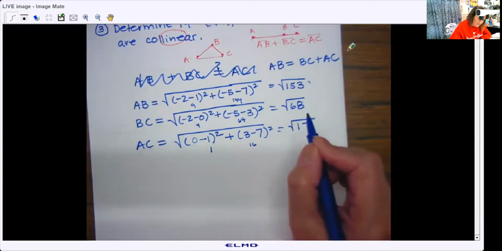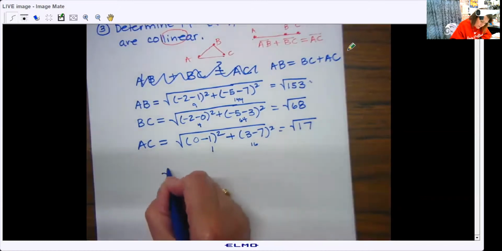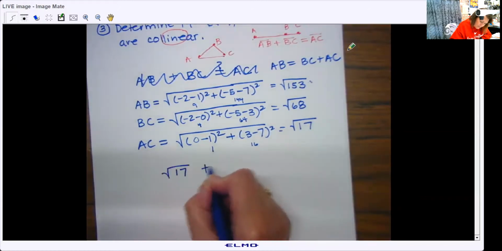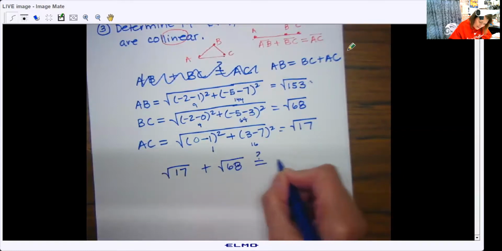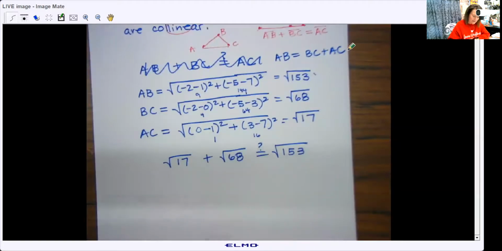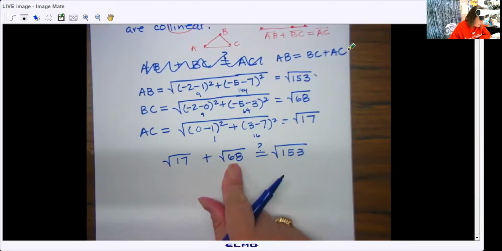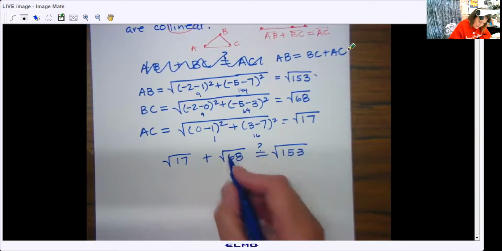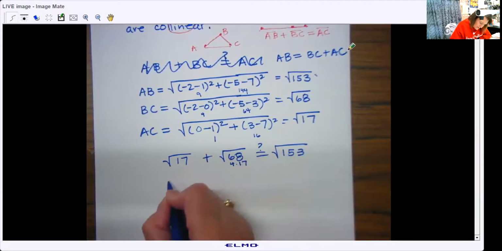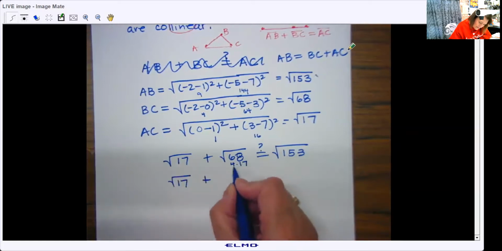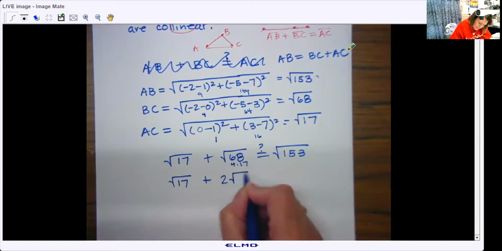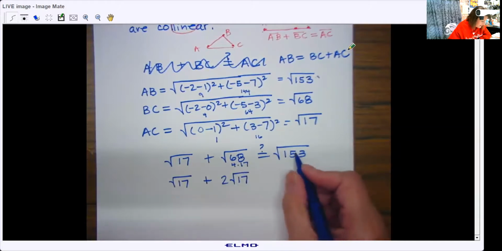If you simplify these radicals, we've got the square root of 17 plus the square root of 68, and we're wondering if that's equal to the square root of 153. Well, I see that 17 in there. This just so happens to be 4 times 17, so this is the square root of 17 plus 2 square roots of 17. And guess what this is?